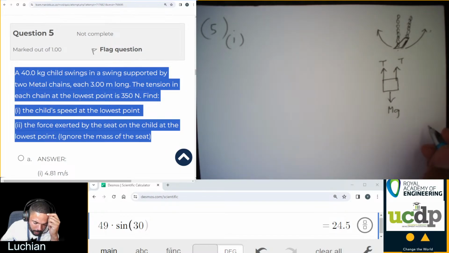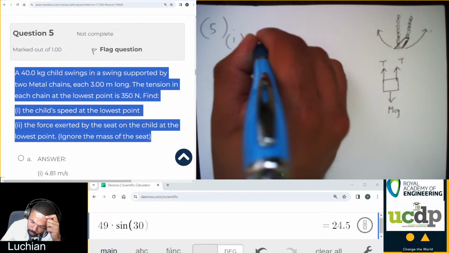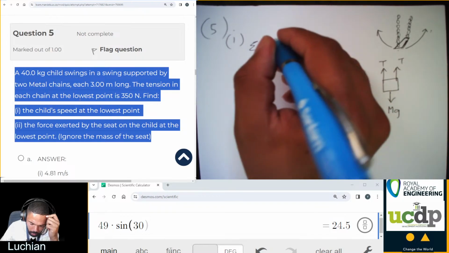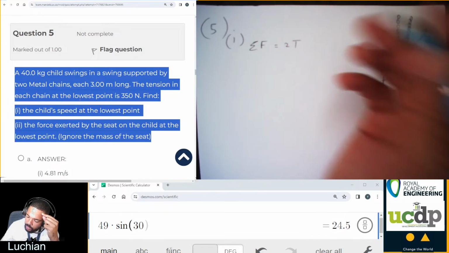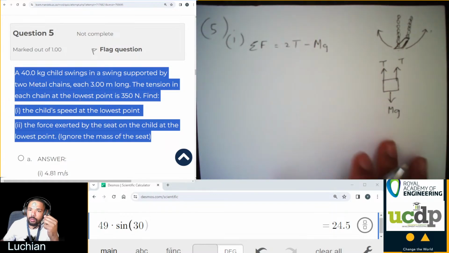Okay, so the sum of the forces is equal to 2 times the tension minus his weight.